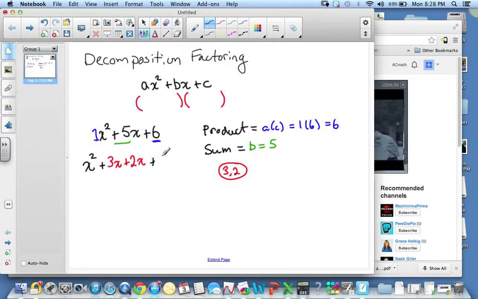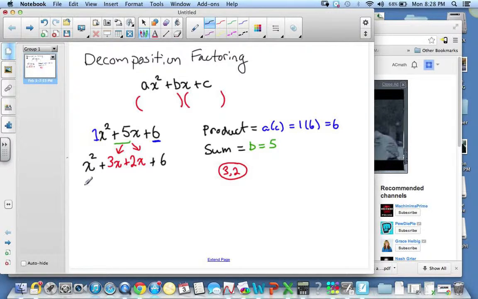And then we have our 6, and it continues. So the idea of decomposition is we're going to take the middle term and split it up into two separate terms. Notice we haven't changed anything, right? I still have x squared plus 5x plus 6, which was my original question. I've just done a little mathemagic.